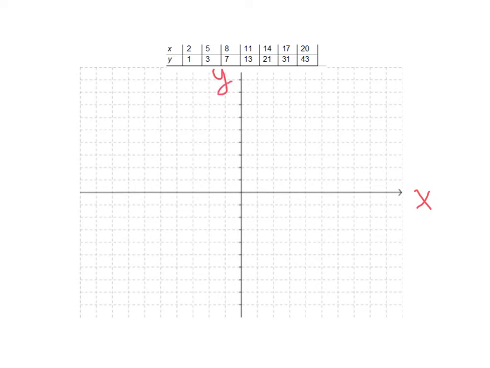Pause your video and scale your axis and restart to check and see how you did. Welcome back from pausing the video. My x values go up to 20. And you may have chosen to go by 2s, and if you did, you would be able to make it, just barely.